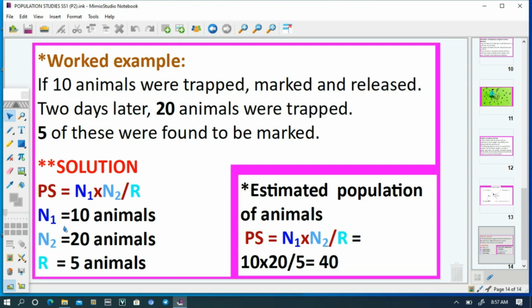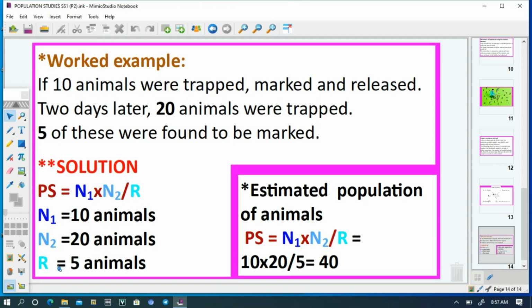N1 represents the total number of trapped animals, and that gives us 10 animals. N2 represents the total number of animals captured, that is the second capture the following day, and that gives us a total of 20 animals.